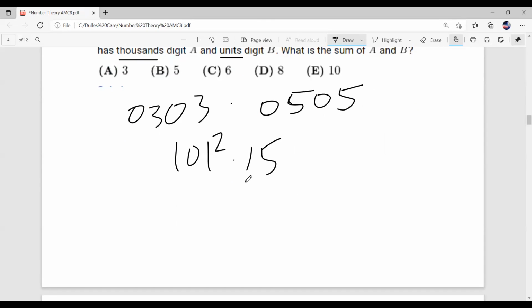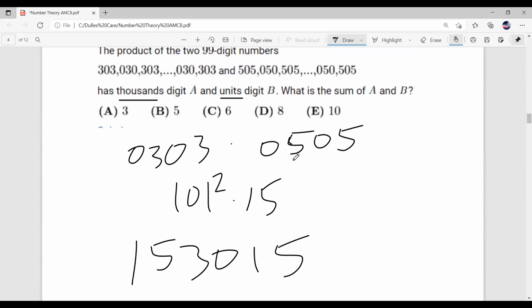Anyways, eventually you'll get 153,015 as a product of 303 times 505. So what's the units digit? It's 5. What's the thousands digit? This is the 10s digit, this is the 100s digit, the thousands digit is 3. So 3 plus 5 is 8. And that's our answer. Does that make sense?